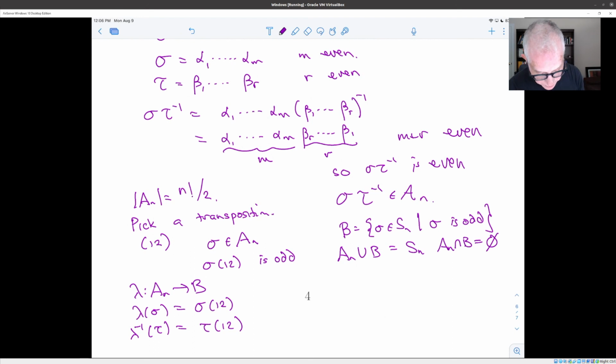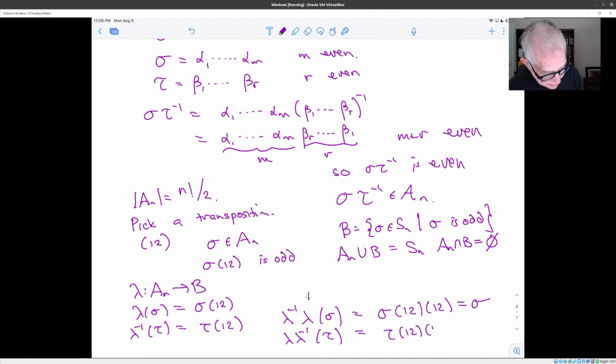Because if you first do lambda and then lambda inverse of sigma, that's sigma times 1, 2 times 1, 2, which is sigma. And similarly, lambda inverse of tau is first you take tau, multiply it by 1, 2, and then multiply by 1, 2 again, so you get back to tau. If you have a function which has an inverse function, then it must be a bijection.